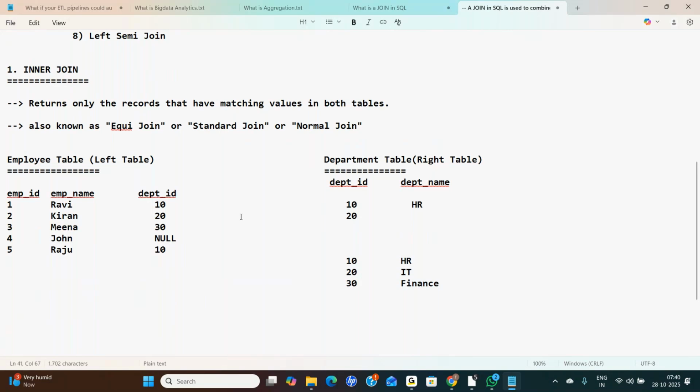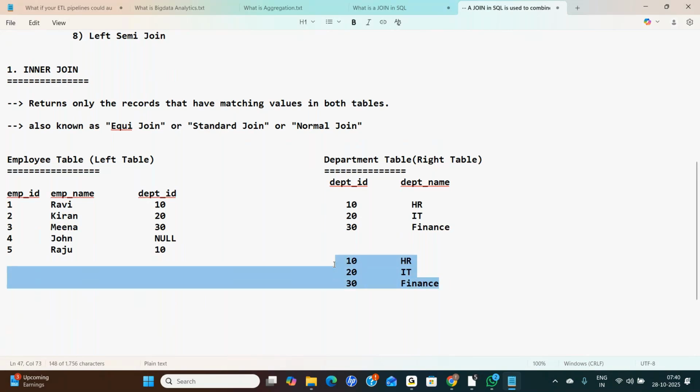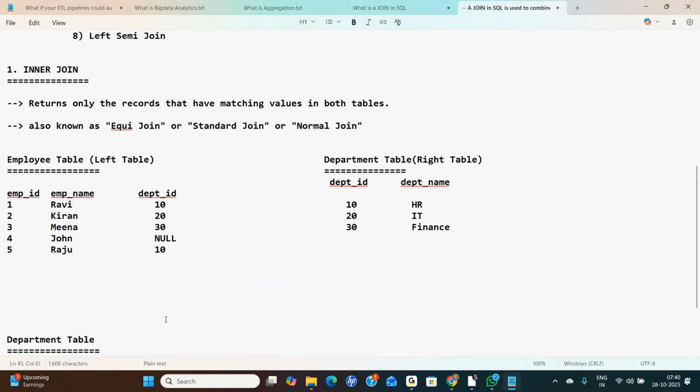20, and IT. Guys, you tell me, how many results does an inner join produce? Count the number of rows. There is a common column, guys. What is the common column in this case? Department ID is the common column.